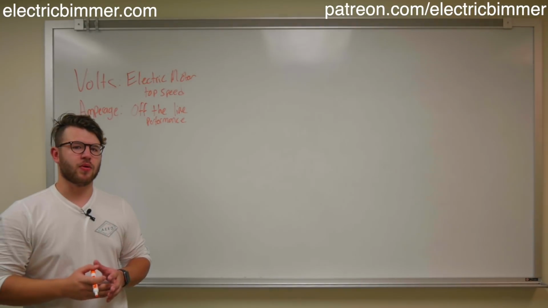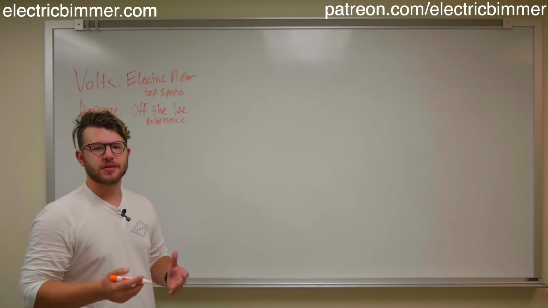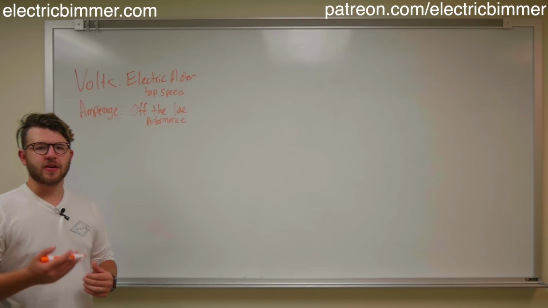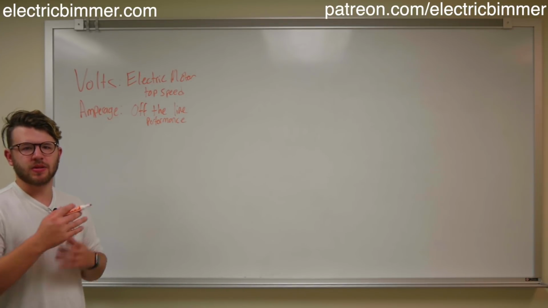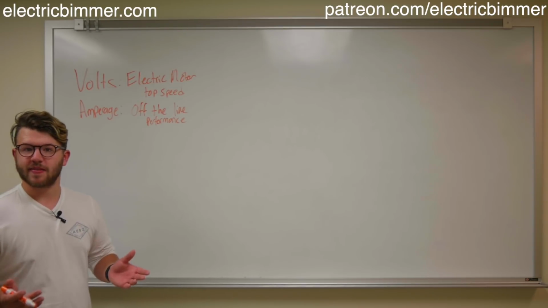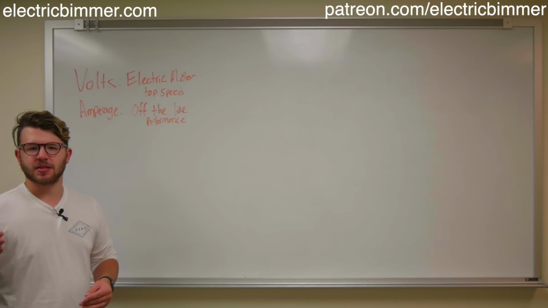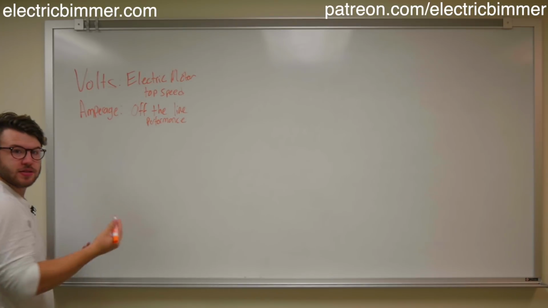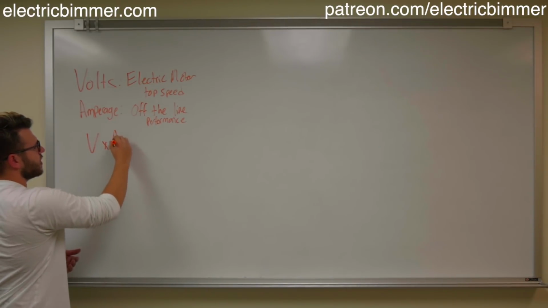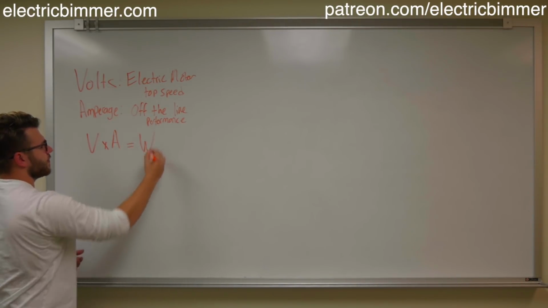So now the next thing that's important is going to be multiplying these two items together, voltage and amps, because that's going to give us a very important number in the electric vehicle world, and that's our kilowatt, or watts. So voltage times amps is your watts. It's pretty simple. You have V times A equals watts.